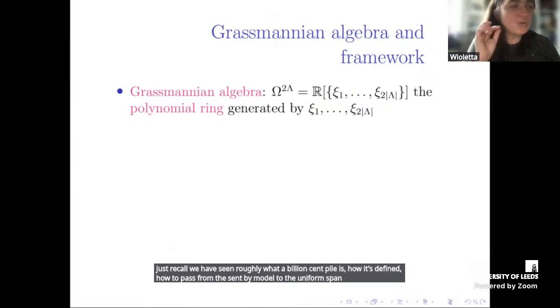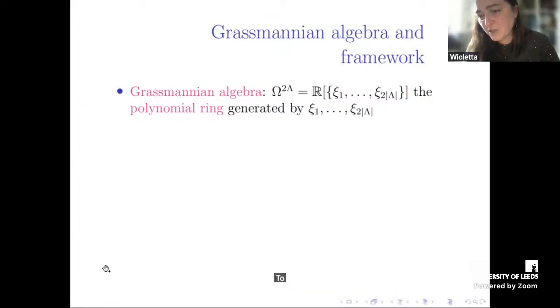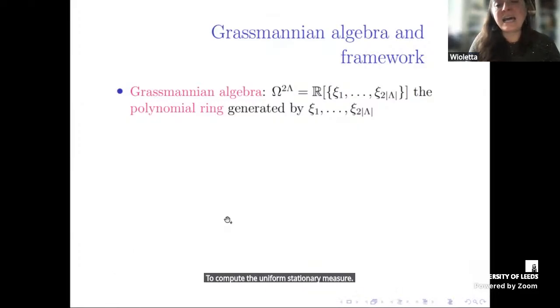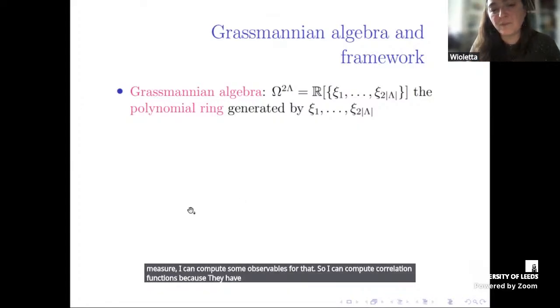I've explained that it's important to have this bijection because it gives me a way to compute the uniform stationary measure. If I know how to compute the measure, I can compute some observables, like k-point correlation functions, or avalanche size distributions, or whatever.